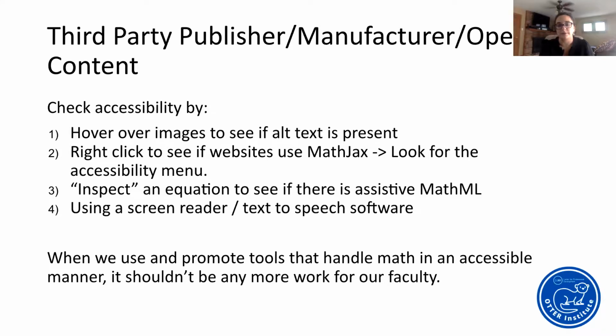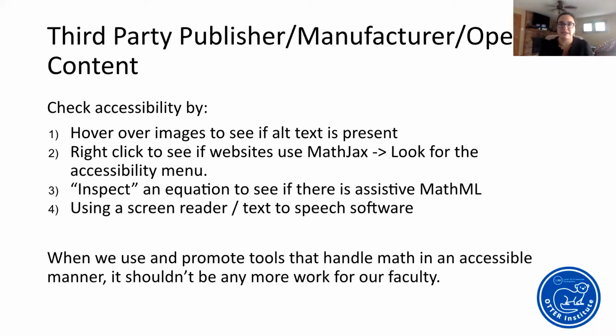So, yeah, absolutely. And I think what you just said fits real nicely with the slide that we have here on, if you're not creating this yourself, but you're buying or adopting open content, there's all the ways that Ed shared to check accessibility for those that are sighted and able to use the mouse. You can hover over images to see if the alt text is present there.